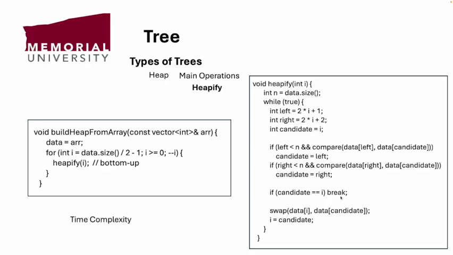Time complexity. What do you think the time complexity is for the build heap? Would it be n squared? Yeah, n squared, because there's an instance where everything is unsorted and you have to go over it each time when you go down through.